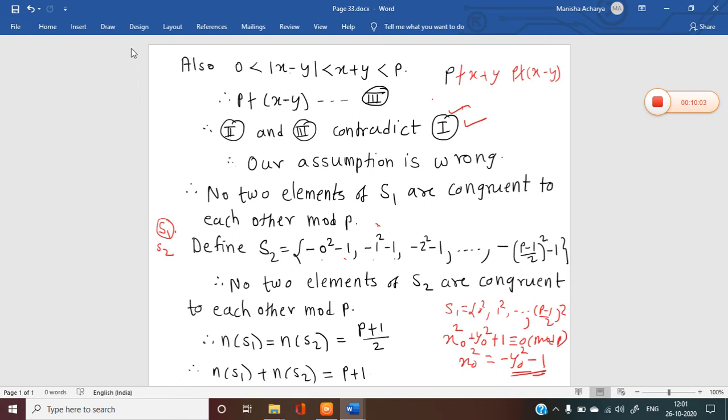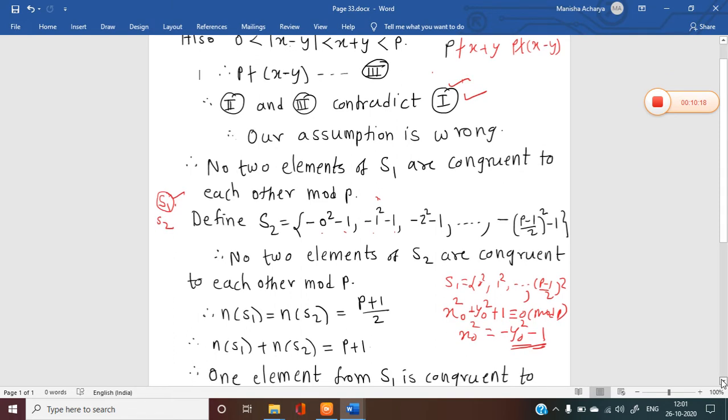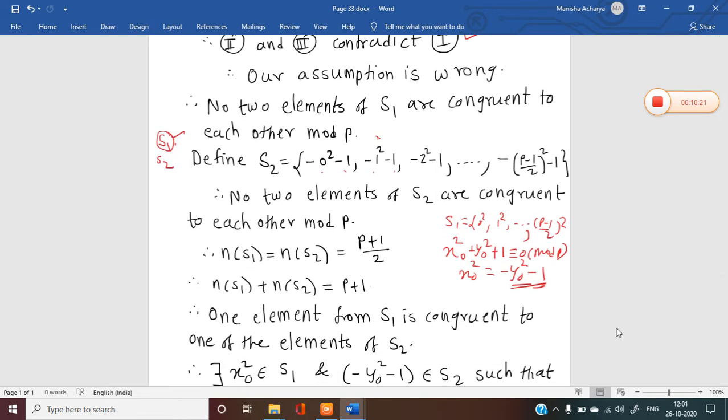So obviously it is very clear that since no two elements of S1 are congruent to each other modulo p, no two elements of S2 are also congruent to each other modulo p. कारण ते जर समजा S2 चे कुठलेही पण एलिमेंट समजा तुम्ही congruent to each other modulo p धरले, so obviously that will imply the two elements of S1 are also congruent to each other modulo p. Okay, and therefore we will get a contradiction. Therefore here you can directly write down no two elements of S2 are congruent to each other modulo p.